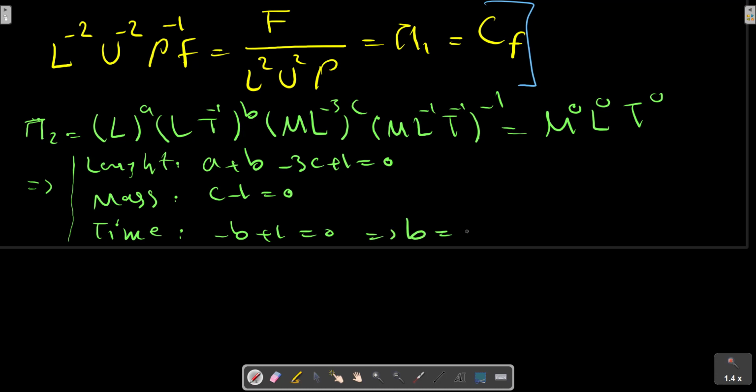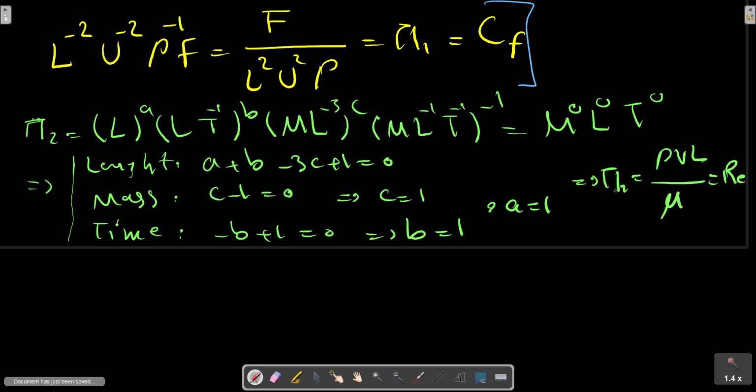B equals 1, C equals 1, and A equals 1. We can obtain the second pi group, which is rho VL over mu, which is the Reynolds number. This is the end of Example 2.